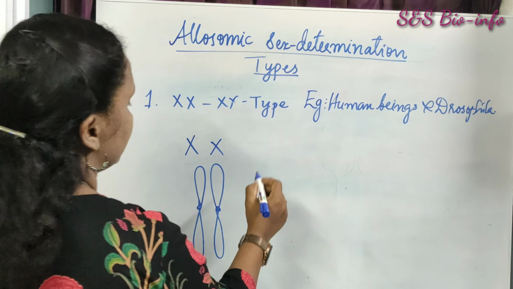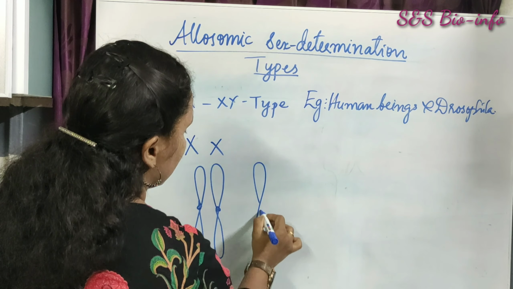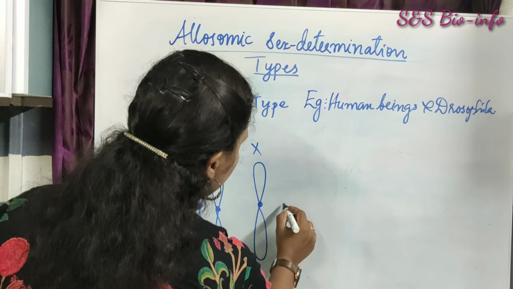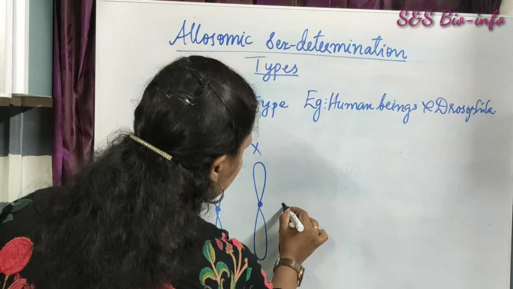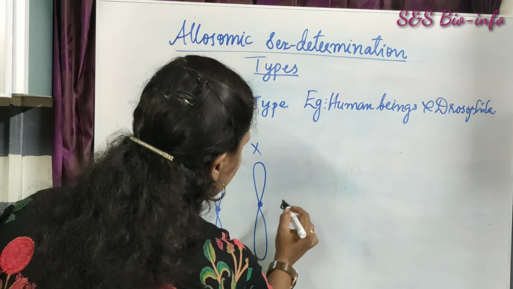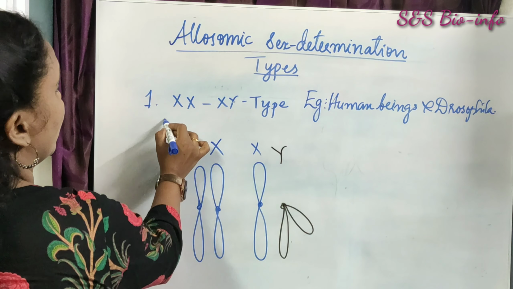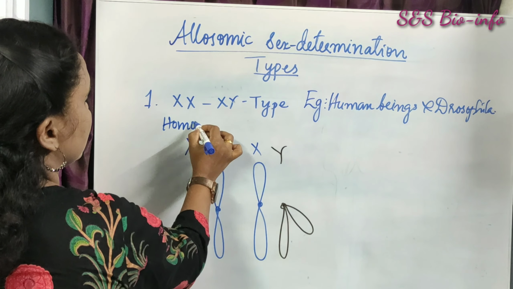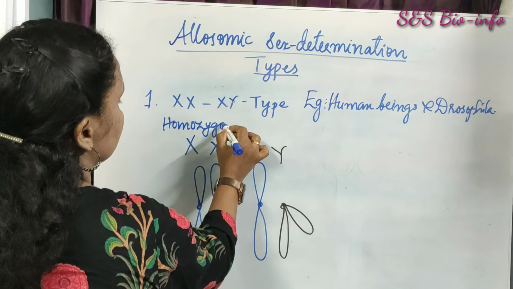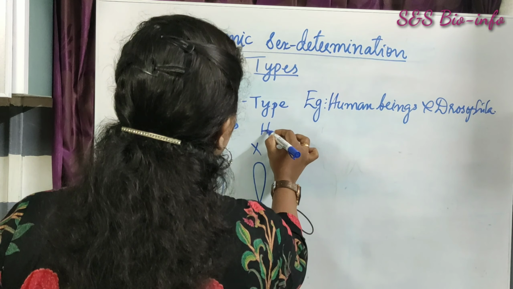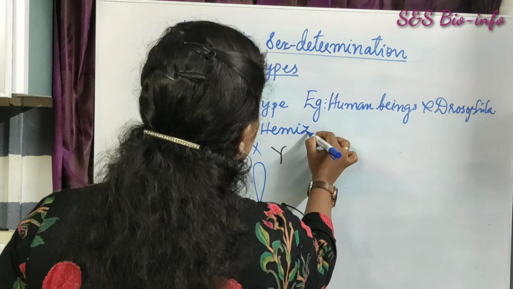XY type means X, Y. So, XX is the homozygous pattern, while XY is the hemizygous pattern of sex chromosome.